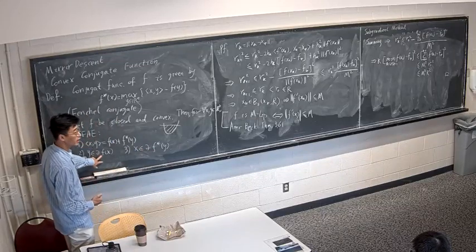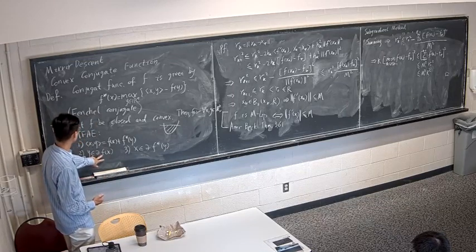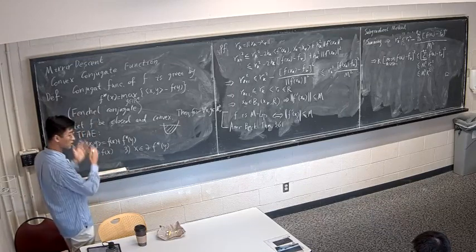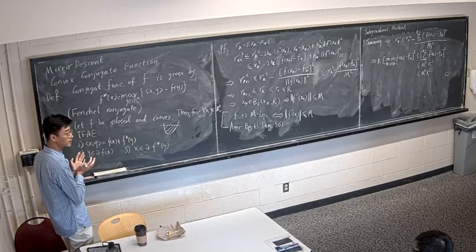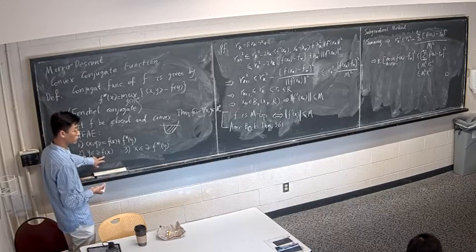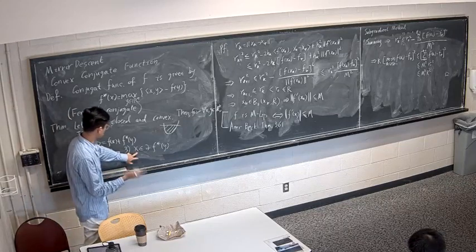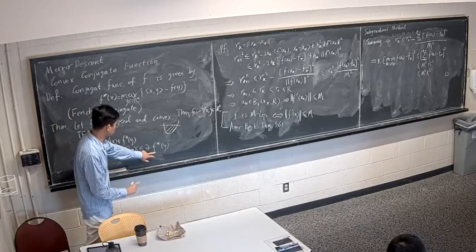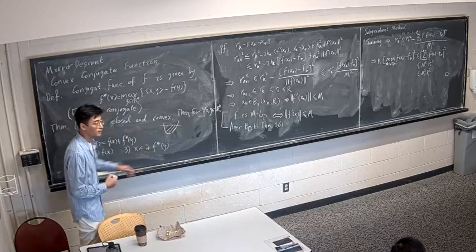Remember, partial f is a subdifferential. It basically means a collection of subgradients. So here it means y is like a subgradient for f, and x is also a subgradient for the dual function, the conjugate function f star.